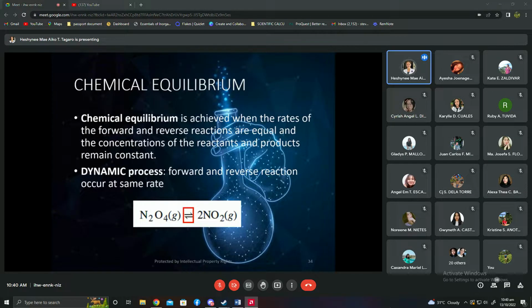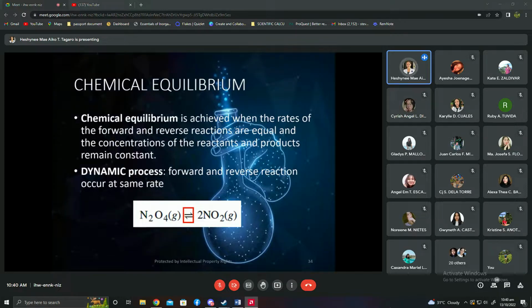Such reactions are depicted with a one-way arrow from reactants to products only. So those are the examples we had earlier. It only proceeds in the forward direction. But in cases wherein we have reversible reactions, we can convert reactants to products and products to reactants.